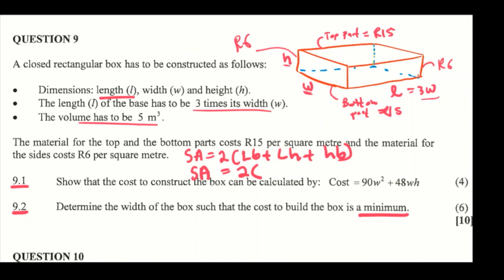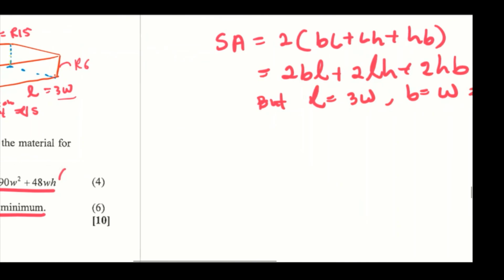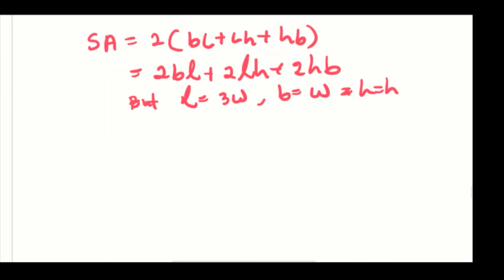You're going to derive this cost, but before you derive, you must make everything common, because the whole point here is we want to find the width, and the width is W, so this H must be removed. The only way to remove it is to use this volume of 5 cubic meters. It's just a matter of seeing what you have to do before you do it.